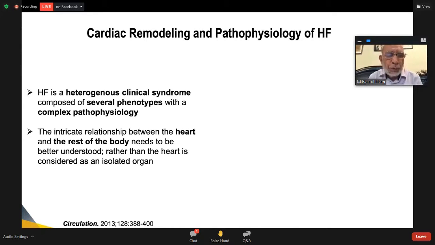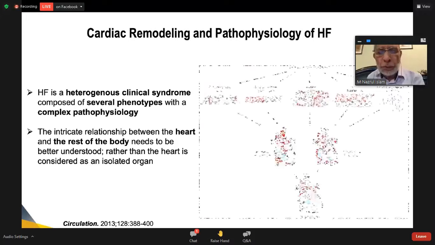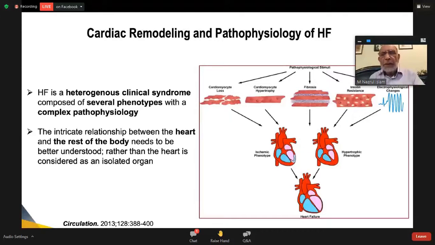In this figure on the right side, there are pathophysiological insults that create cardiomyocyte loss, cardiomyocyte hypertrophy, fibrosis, insulin resistance, and electrophysiological abnormalities.